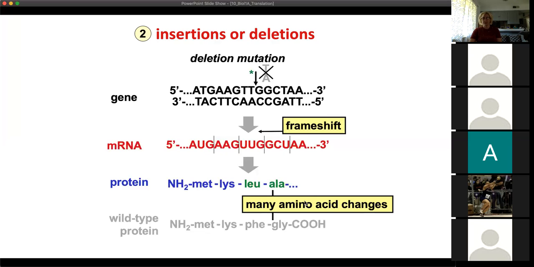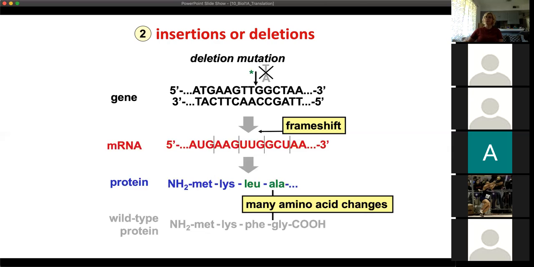Insertions and deletions, when they lead to this type of frame shift, are going to dramatically alter protein function, because they are going to dramatically alter the amino acid sequence. If you add or delete 1 or 2 nucleotides, you are going to change everything downstream.